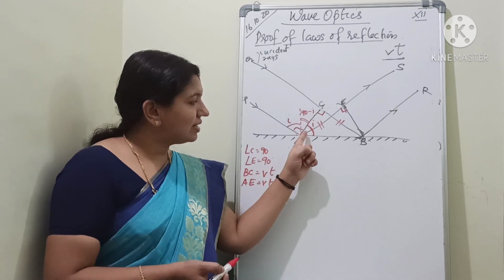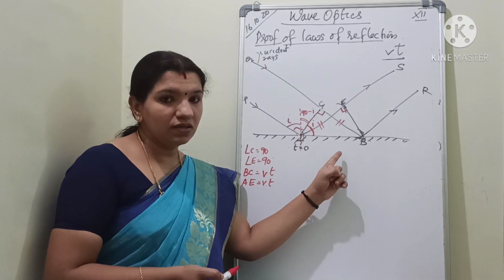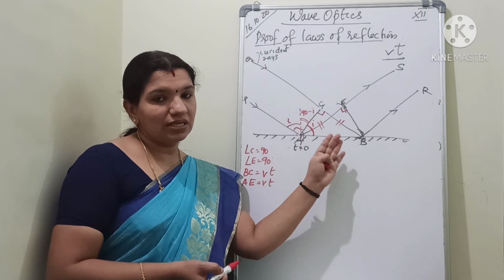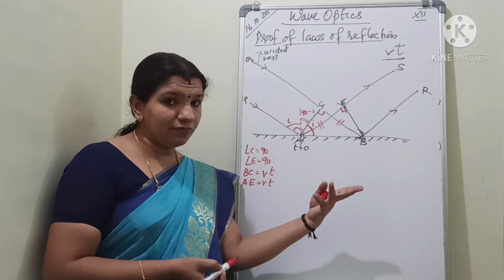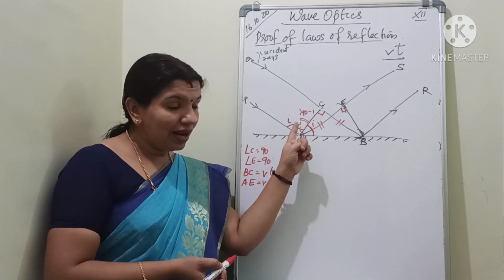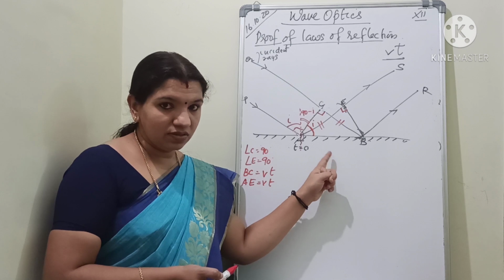So angle of incidence, I, is also the angle made by the wavefront with the surface. We have studied that it is the angle made by the incident ray with the normal. With respect to the wavefront, I have to say incident ray with the normal and wavefront with the surface. Understand? This much clear.